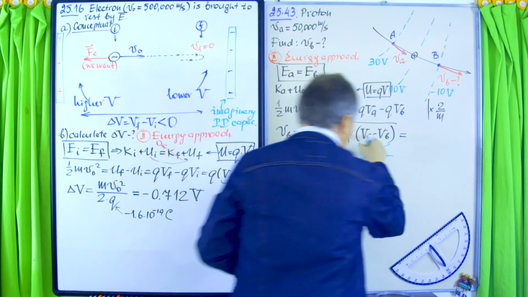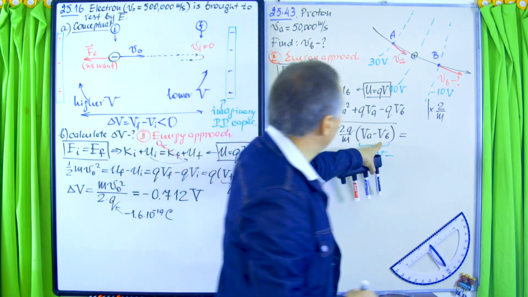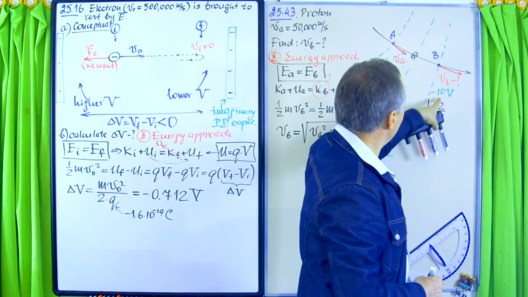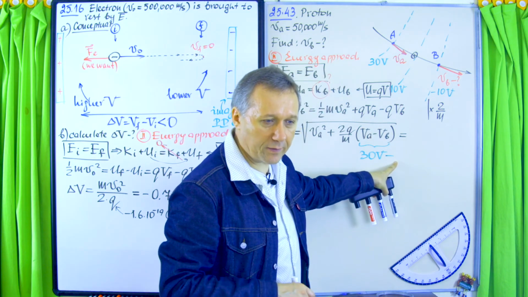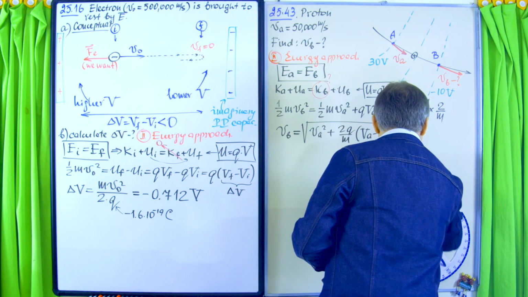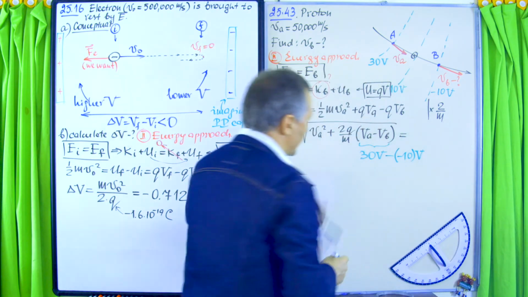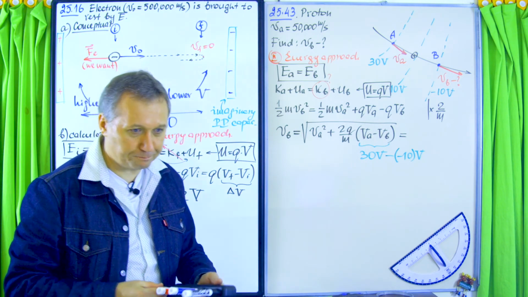And then minus, from the formula, the value of V_B, minus 10 volts. So we're going to have minus minus 10 volts. Don't forget about these two minuses. Of course, it will be equal to 40 volts.